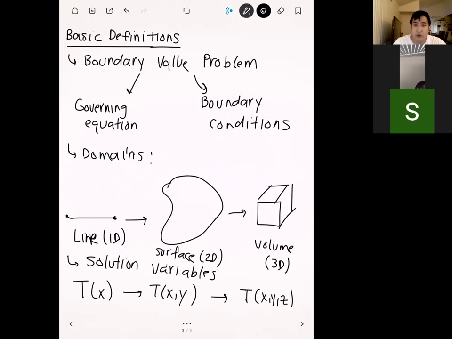And so if you're solving a 2D elasticity problem, you're not only going to solve for just displacement, but you have to solve for displacement in the X direction and then displacement in the Y direction too, okay? And in 3D, you would solve for displacement in the X, Y, and Z direction. Right? But again, we're mostly just going to stick to heat transfer, so our solution variable is going to be a scalar. Okay?